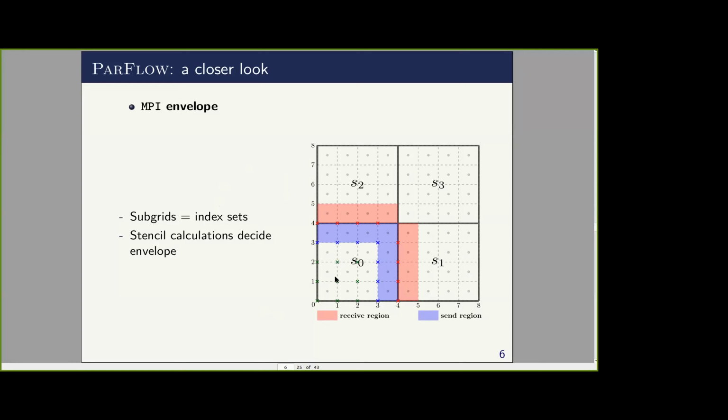For instance, taking this S0 and shifting to the right, to see which points in S1 have intersection with S0, and we use that information to define what should be put in the MPI envelope, or what has to be put into the MPI sends and receives.